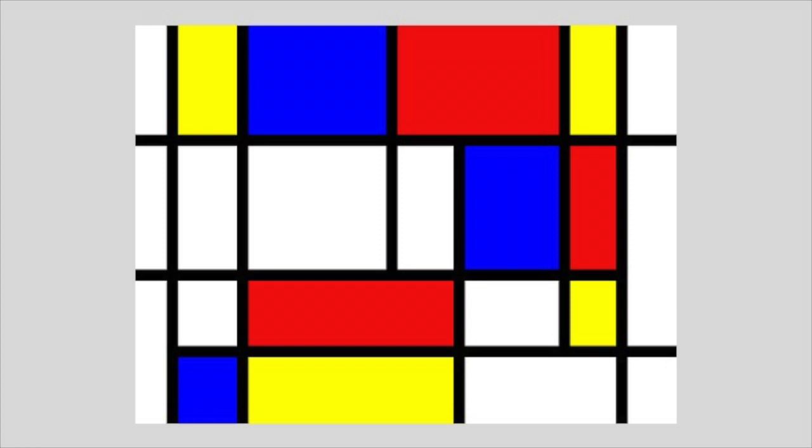And again, he only uses black, white, red, yellow, and blue, the basic colors. He started off using diagonals, but then he's like, nope, in my visual language, I'm only using horizontals and verticals. And so the idea that you can capture energy that way.